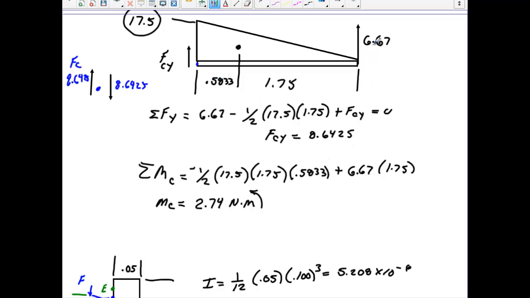Plus my 6.67 times the moment arm from here to here, which was 1.75. And it kind of surprised me, this gave me a positive value. So I got 2.74 coming up here. So actually what's taking place, my reaction has got to be this way, 2.74. So this one is going back this way, 2.74.